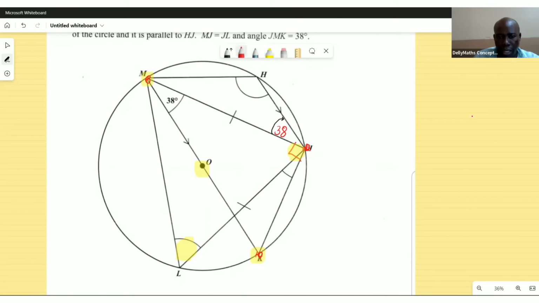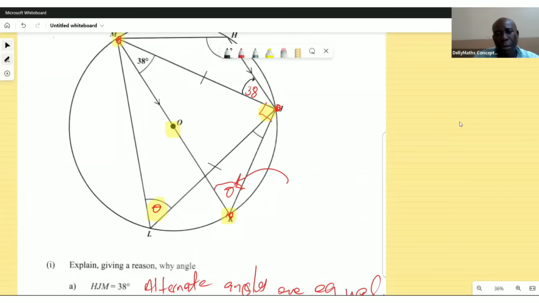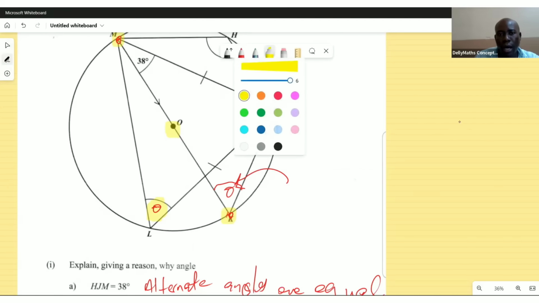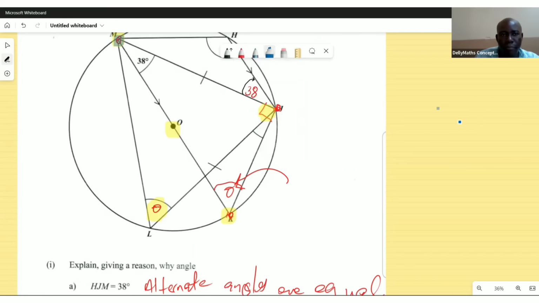This angle is equal to this angle. So if I find this angle, I automatically would have found the angle that I want because they are in the same segment. I could find that angle because, following the triangle M, J, let me use blue, we have 90 degrees here, and we have the 38 here.